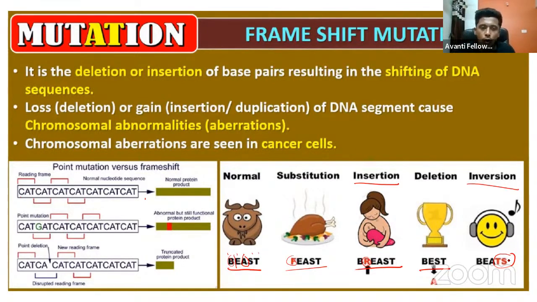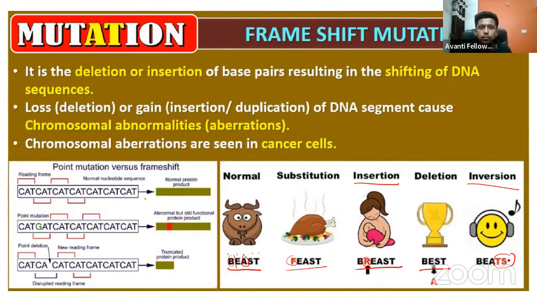So when we talk about mutations happening at the genetic level, that is the gene level, we can talk about frame shift mutations or point mutations. Whereas when we talk about higher mutations with respect to the chromosome itself, a chromosome can carry several hundreds and thousands of genes.